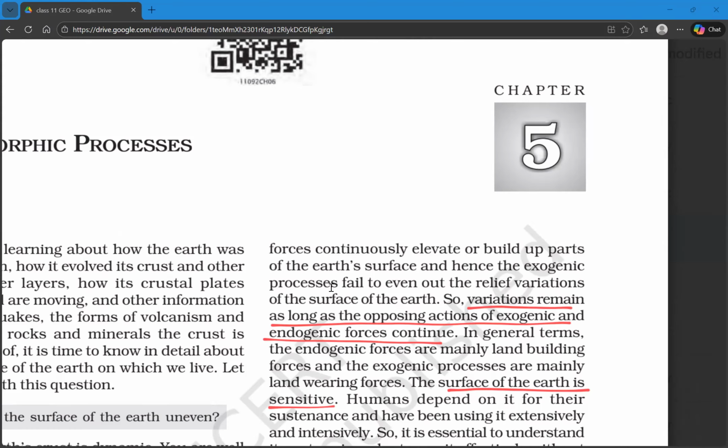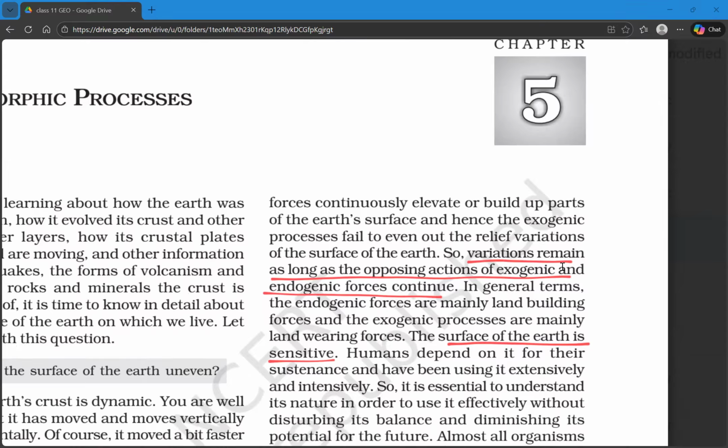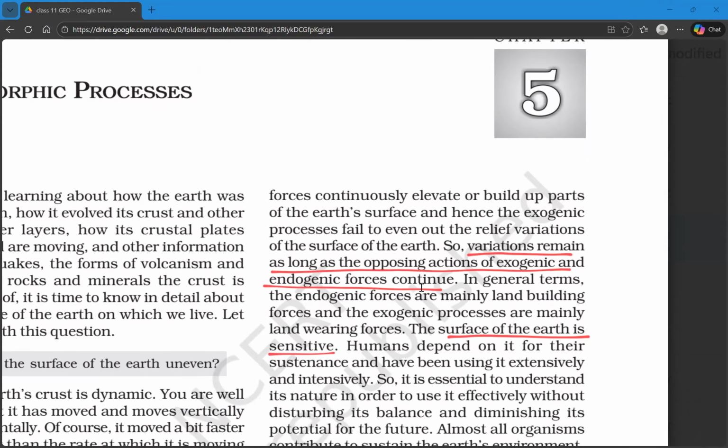Because of the opposite work of the endogenic forces. Variations remain as long as the opposing actions of exogenic and endogenic forces continue. Therefore, the uneven surface of the Earth continues to be until the opposite actions of exogenic and endogenic forces continue.